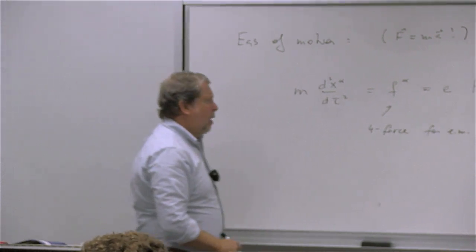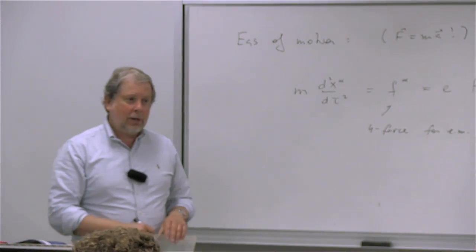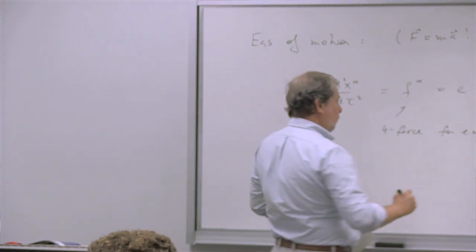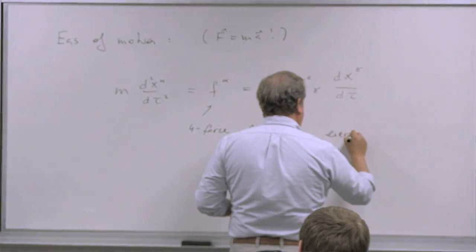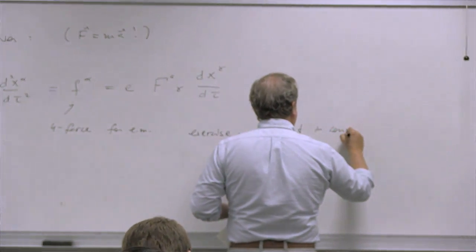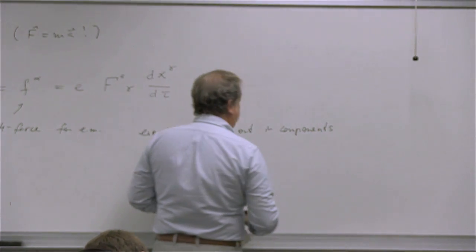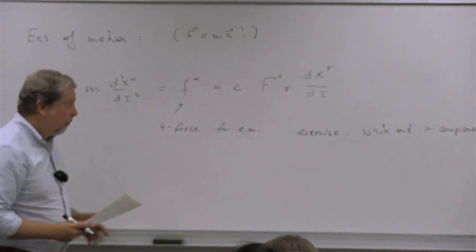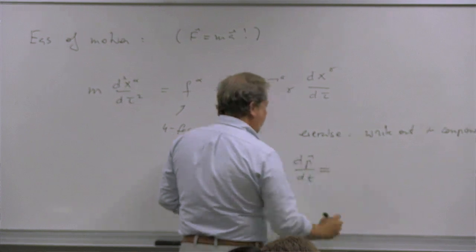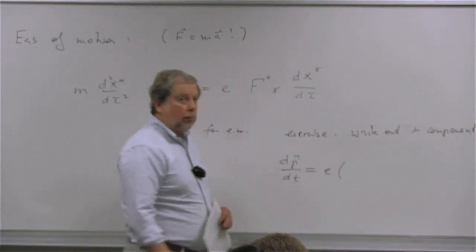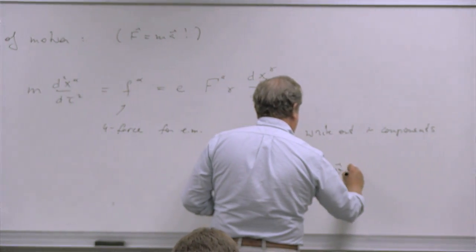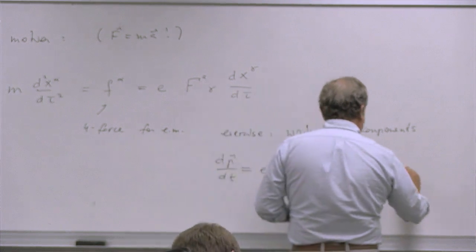And now again, I will leave as an exercise to show that if you write these equations out in components, then you will get dP by dt is equal to E, the electric field, plus V cross B, which is the Lorentz equation.